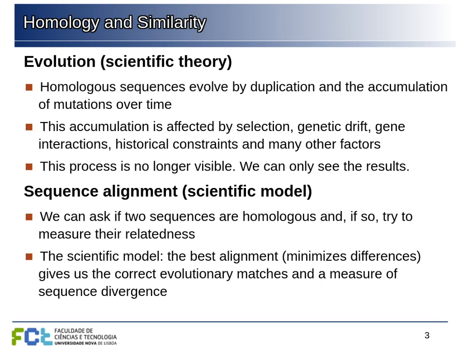So this accumulation of changes, which is driven mostly by random factors, but then selected by natural selection, because it depends on what impact these changes have on the organism.